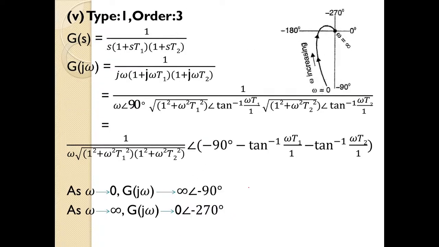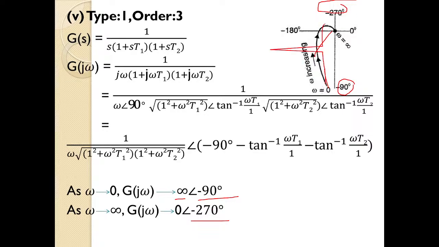Now, I'm sorry, I forgot to discuss the plot. It starts from minus 90 and ends at minus 270. So this is our minus 90, this is minus 270. What about the magnitude at minus 90? It is infinity, so from some infinite point the plot will start, and it will end at the origin on the minus 270 degree axis.